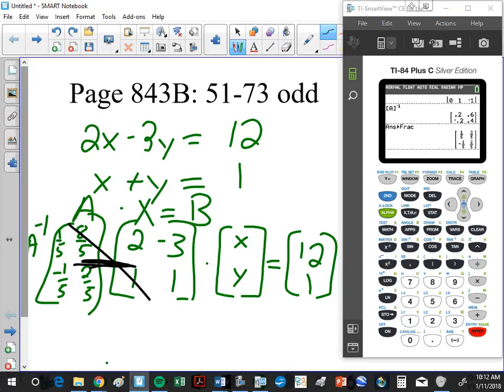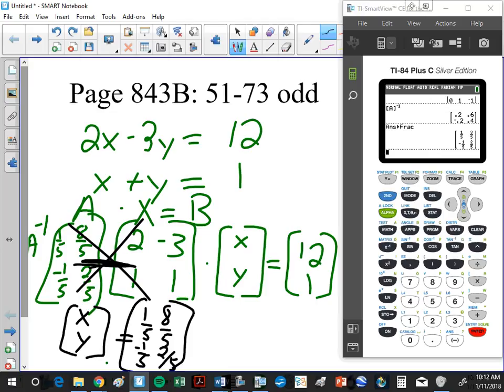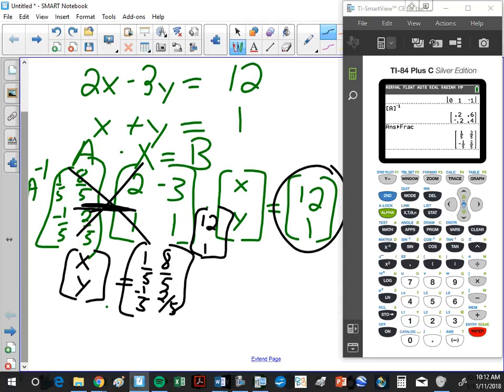So I'm left with XY is equal to this matrix, 1/5, 3/5, -1/5, and 2/5. And I'm going to multiply that by this matrix, 12 and 1. And whatever I get from that should be my answers. So the answer is just going to be a 2 by 1. What is 1/5 times 12?